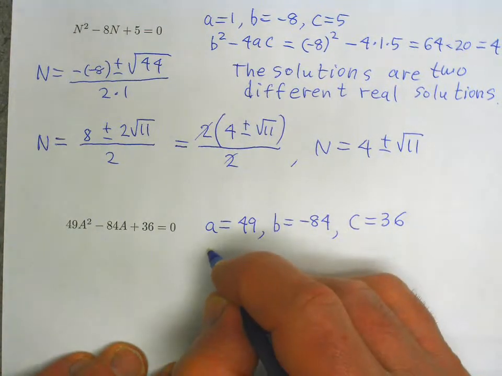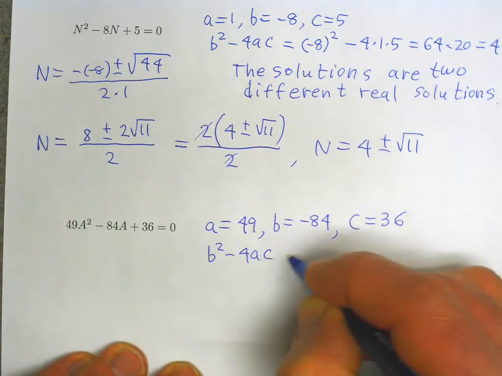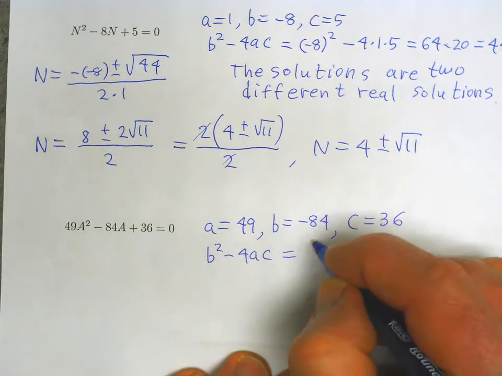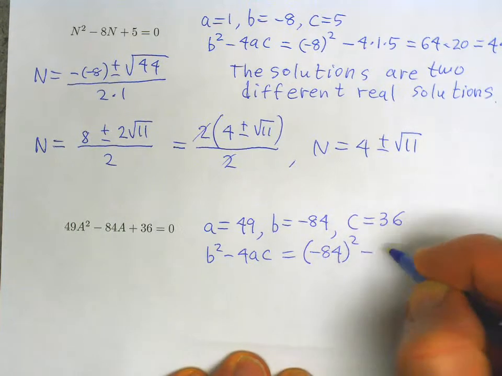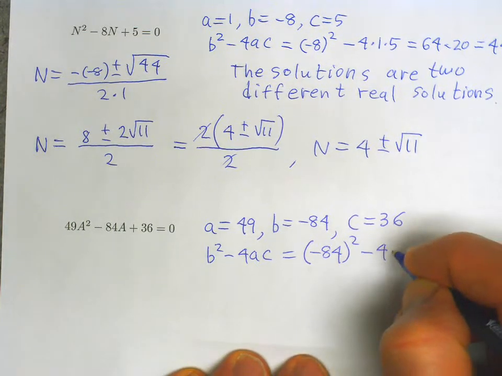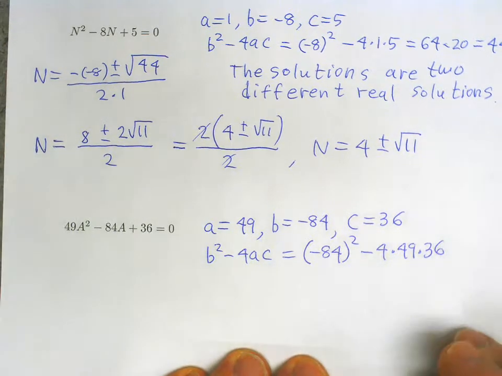Okay, so the discriminant, b to the second minus 4ac, is equal to the number negative 84 squared minus 4 times 49 times 36.